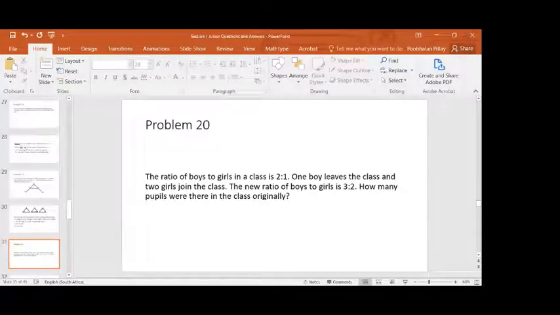The ratio of boys to girls in a class is 2:1. Okay, let's start with that one. The ratio of boys to girls is 2:1. So what does this mean? One very important thing about ratios is that when you got a ratio A:B, you can say that this is A times X and this is B times X, where X is an unknown.